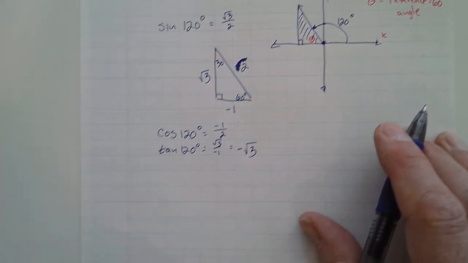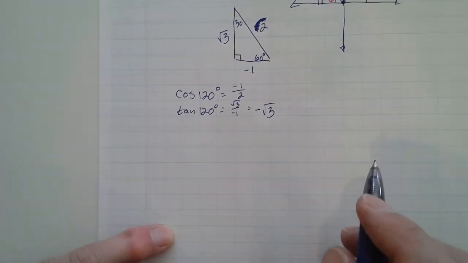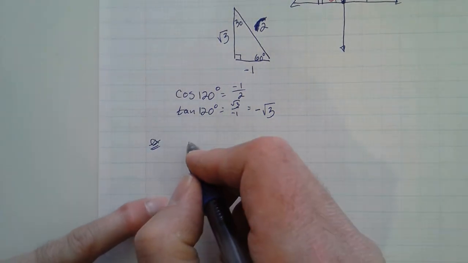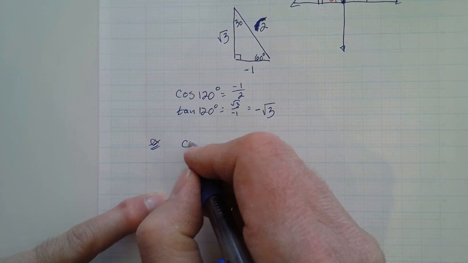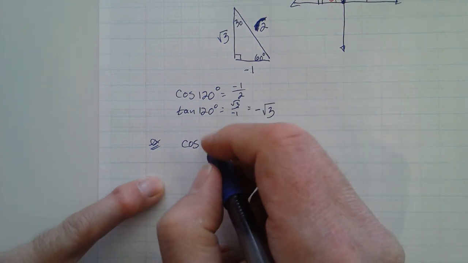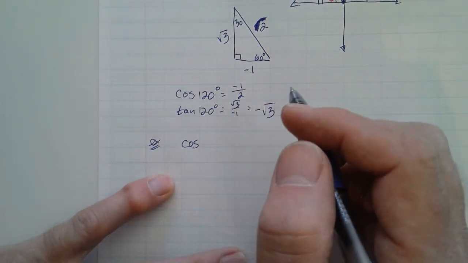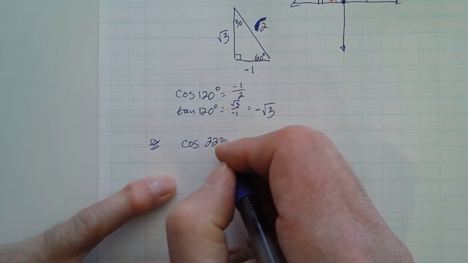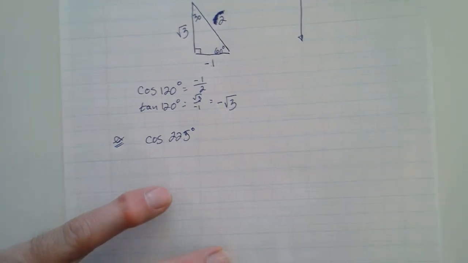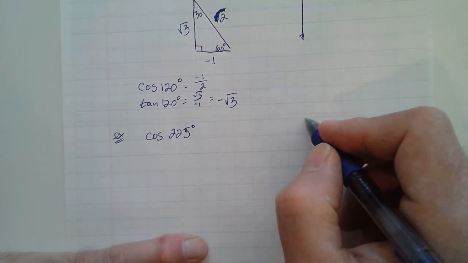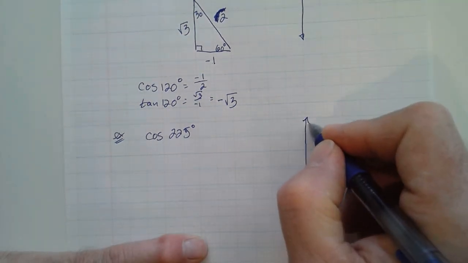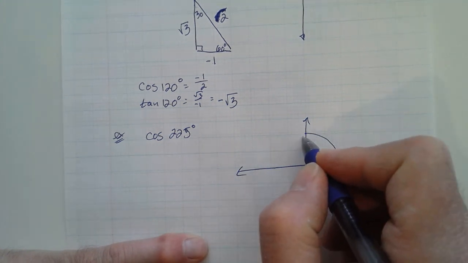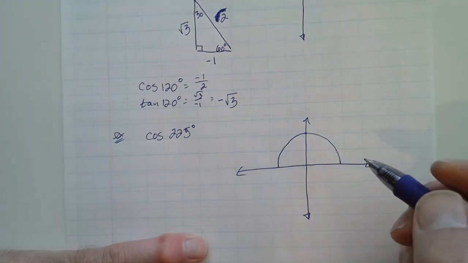All right, so another example. Let's say I want to find the cosine of 225 degrees. 225 degrees. All right, we're going to draw that. There's 90. There's 180.